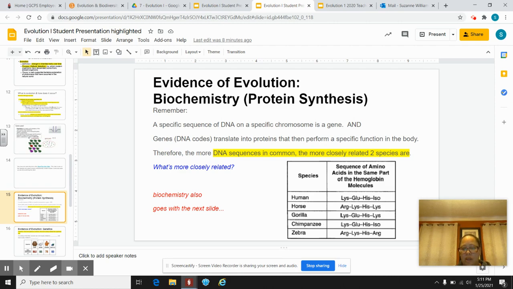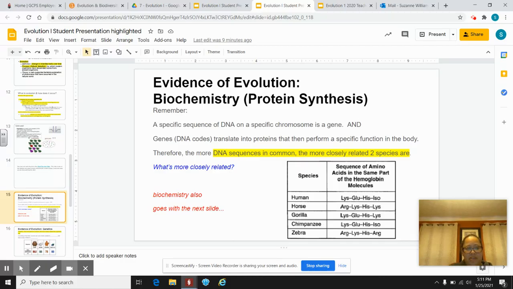If you look at proteins, which remember are tied to your genetic code, and you find the number of amino acids in a protein sequence that two different species have in common, the more sequences they have in common, the more closely related they are.